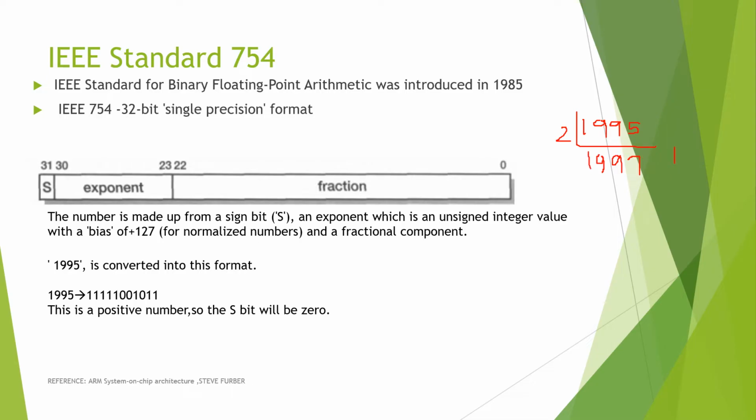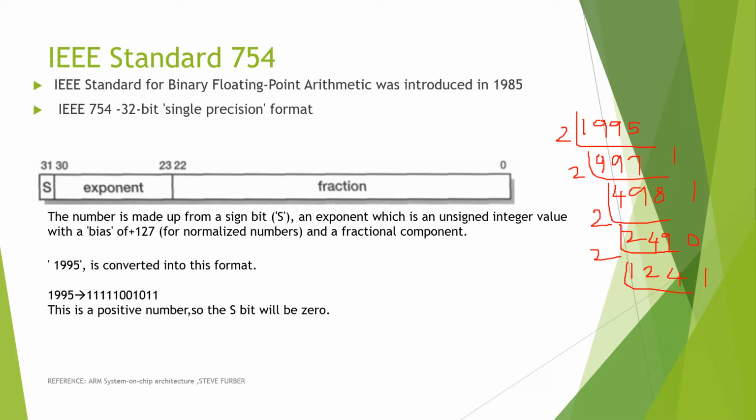Dividing again, you get 498 with the remainder 1 again. Divided by 2, you get 249, remainder 0. Again divided by 2, you get 124 with the remainder 1.